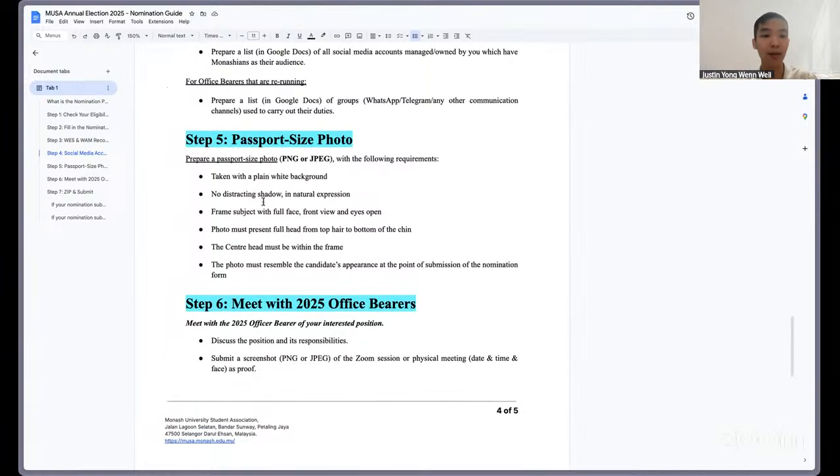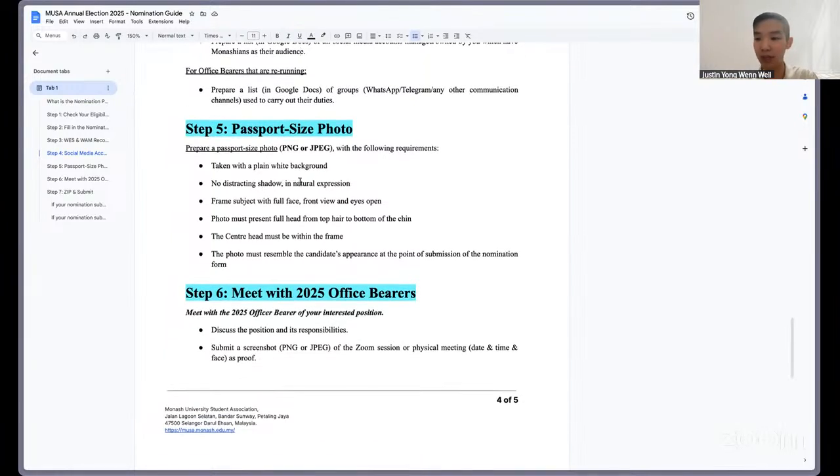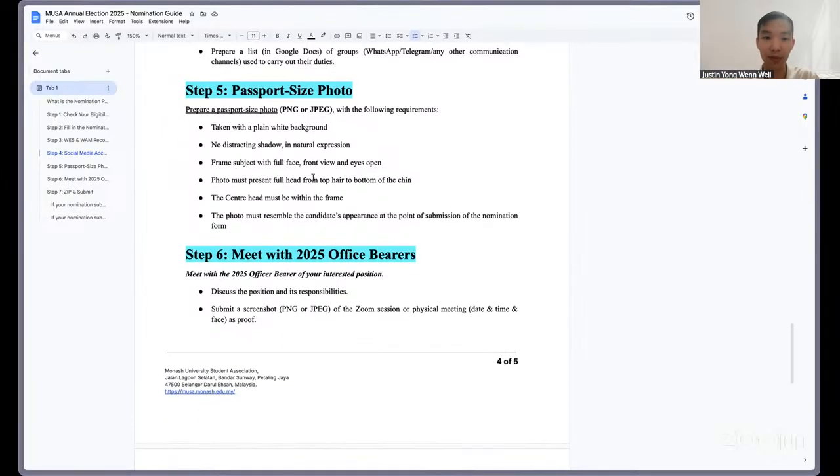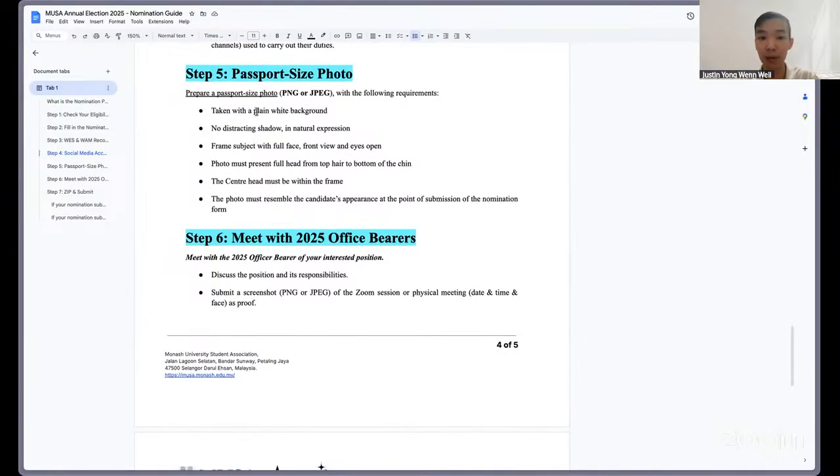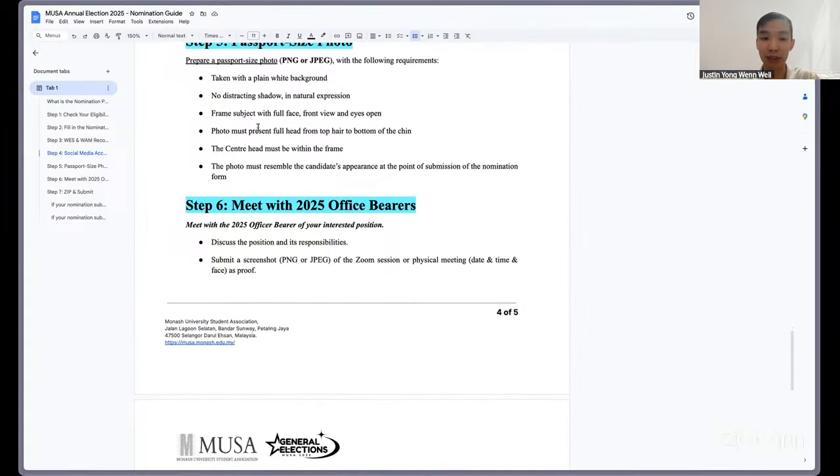And then this one is quite important for the passport size photo. Do take note that when you prepare your passport size photo, try to keep the format either a PNG or a JPEG. And as you can see here, number one, a plain white background and a natural expression. And also make sure there's no distracting shadow.